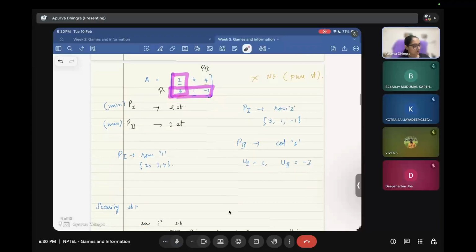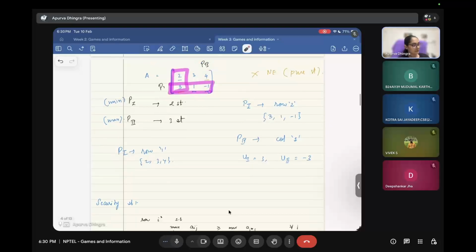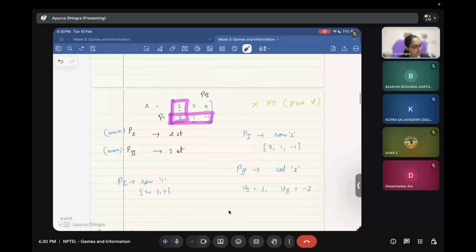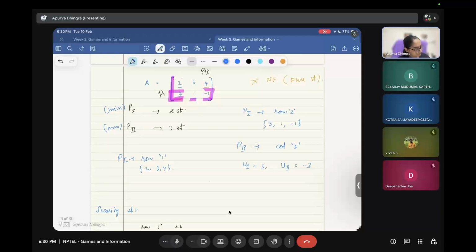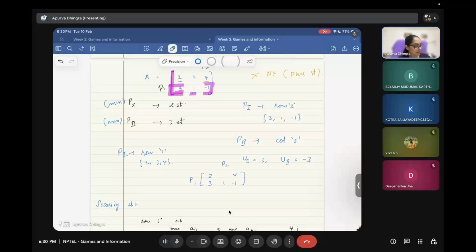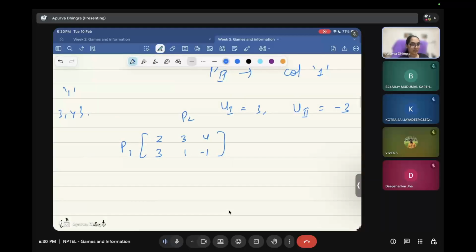So let's look at this example itself. What player 1 could possibly do here is, okay, maybe I'll just write it again. He can say, let me see what is the worst I can end up in.